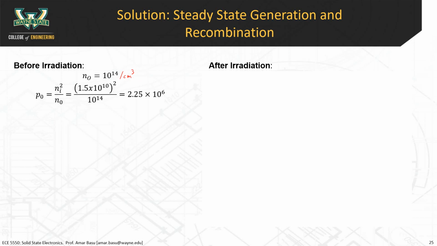To figure out your hole concentration, you use np equals ni squared. Solve that for p0: 1.5 times 10 to the 10, squared, divided by n0, 10 to the 14th, and you're left with 2.25 times 10 to the 6 per centimeter cubed. So this is your electron and hole concentration before turning the light on.